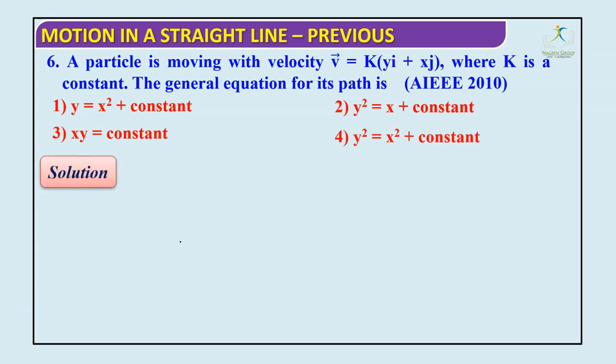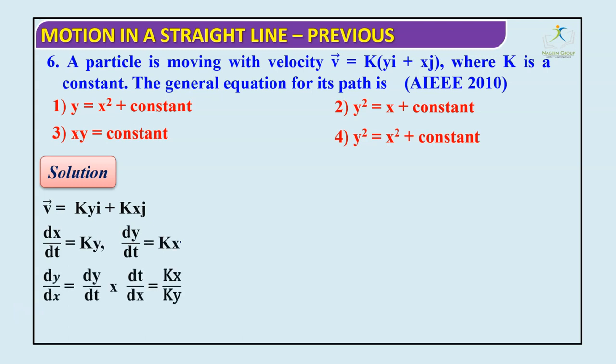So let's move with the solution part, students. The vector v is equal to k y i plus k x j. dx by dt is equal to ky and dy by dt is equal to kx.